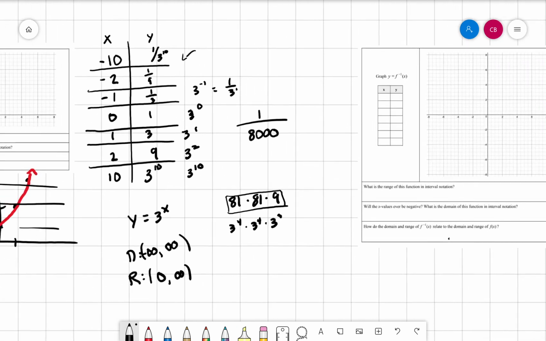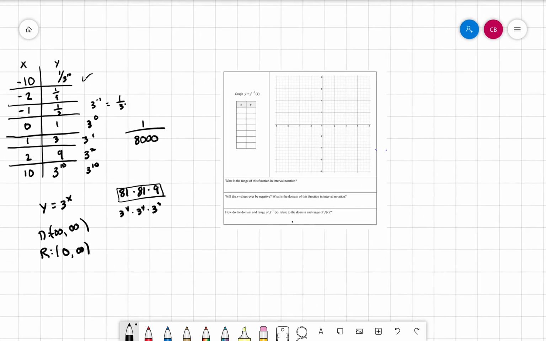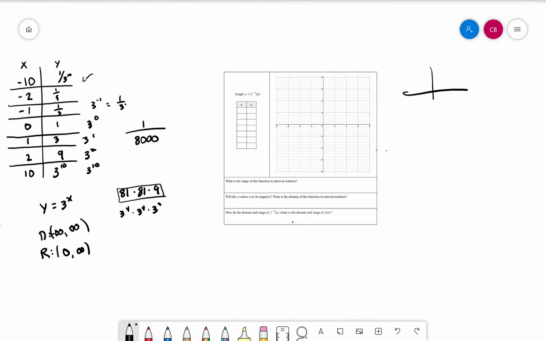And if we wanted to swap these, we have our values for x and y. We know that the inverse would have the opposites. You'd switch x and y. You'd have 1/9 being -2, you'd have 1/3 is -1, 0, 1 and 2, this would be 3, this would be 9, this would be 1.